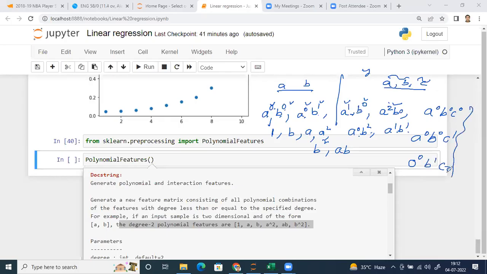All possible combinations will be created up to degree 2 if you mention degree is equal to 2, and accordingly it will give you the terms. Earlier, only two input variables were there. Now, how many variables will be created, everyone? 1, 2, 3, 4, 5, and 6. Now they will be used to create your model. This degree is a hyperparameter, so you can change it for 2, for 3, for 4, everything you can mention there.